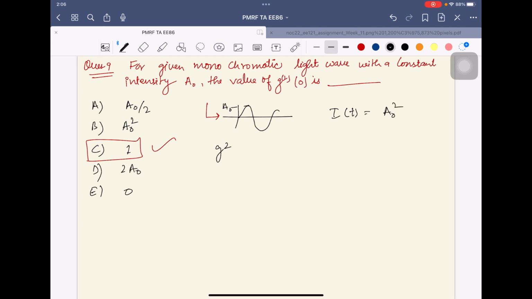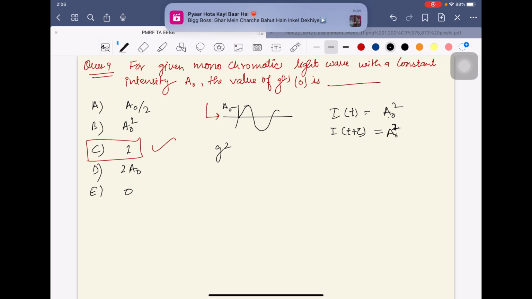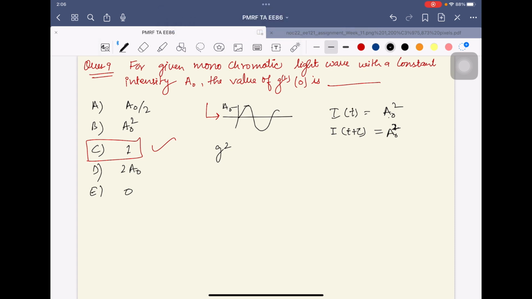I at t plus tau is also A0 square, right? Sorry, this is intensity, so this is not A0 square, this is simply A0.